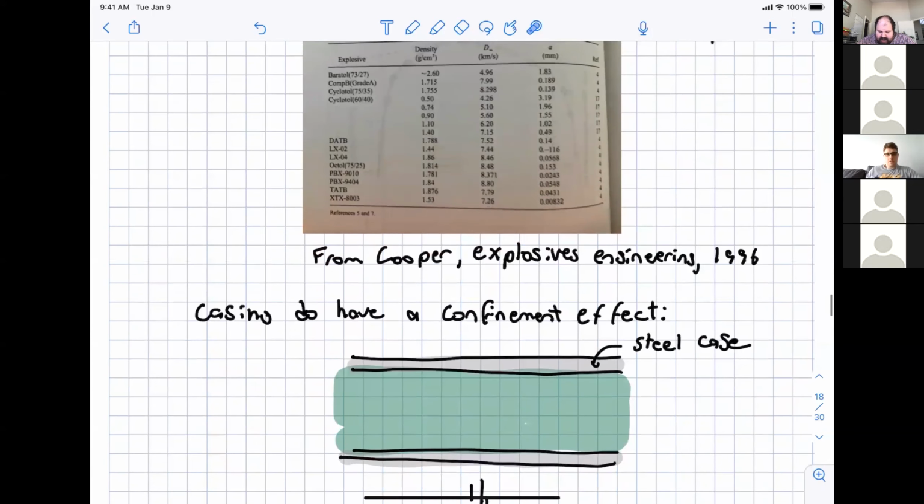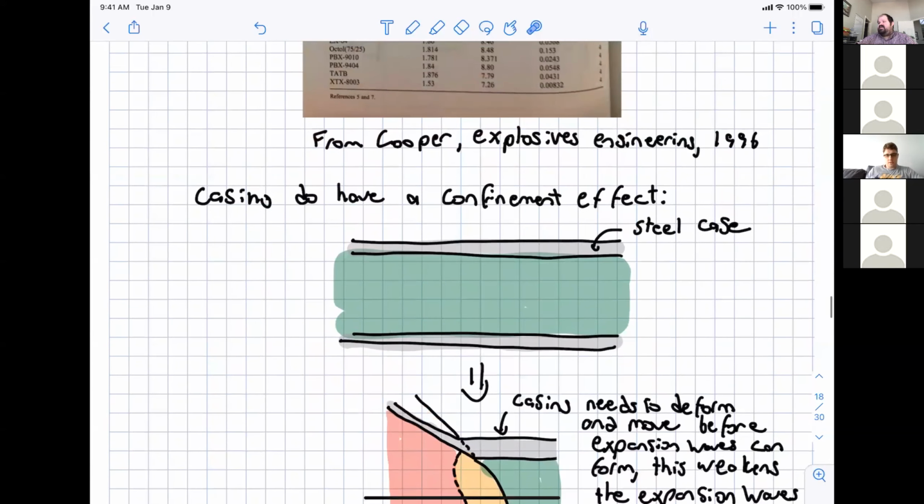Okay, now these were for essentially uncased explosives. Most explosives have some sort of casing for a confinement effect, such as we have a high explosive here and we have a steel casing.